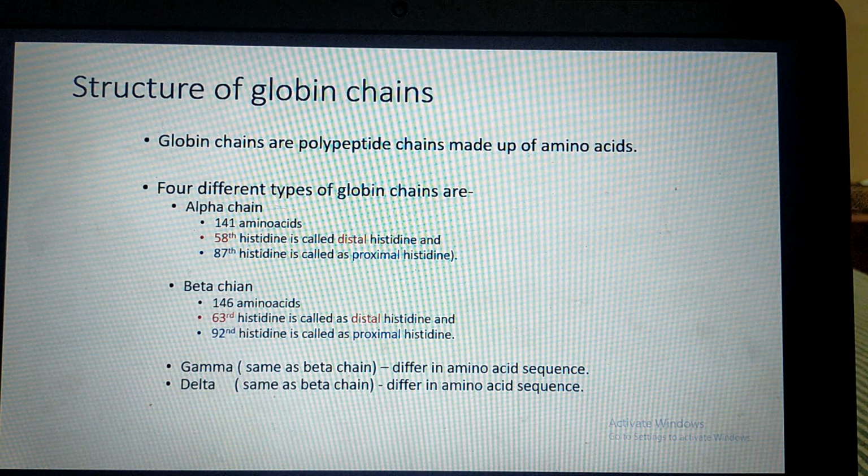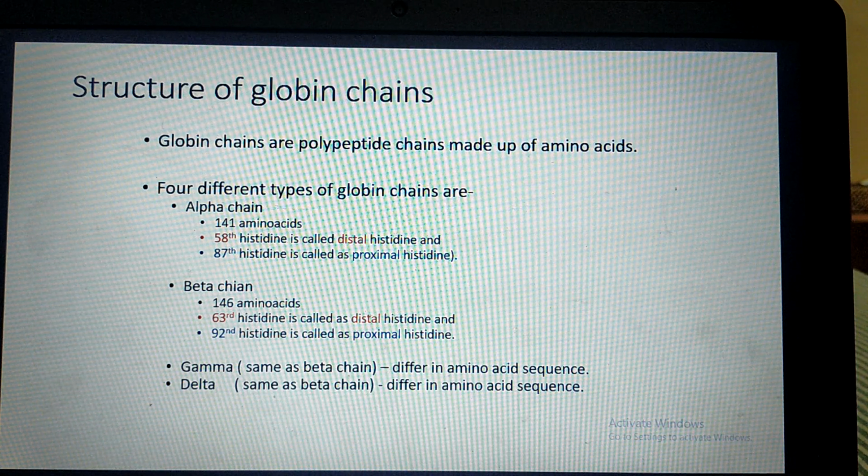Similarly in beta chain, the 63rd histidine is called distal histidine, and the 92nd histidine is called proximal histidine. Gamma and delta chains are similar to beta chain, that means they both possess 146 amino acids and the positions of proximal and distal histidine are the same.